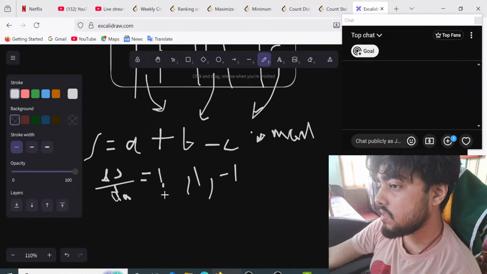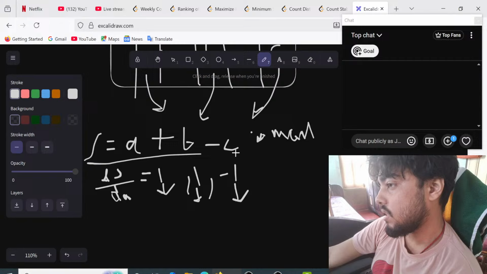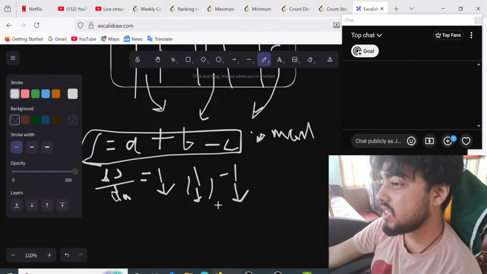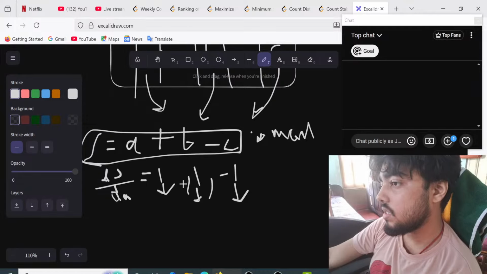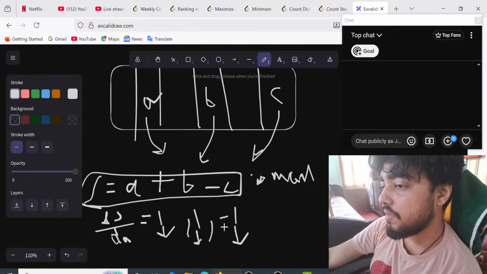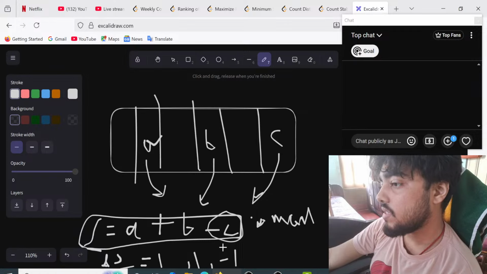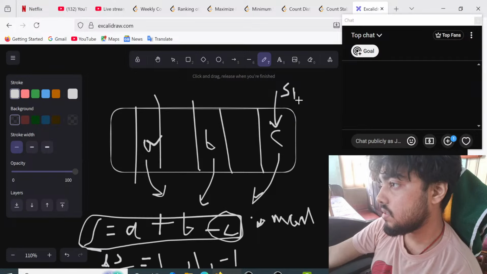So 1 means you have to maximize this, 1 means you have to maximize this, minus 1 means you have to minimize this. This could have been easily seen from the question also, but the differentiation makes it clear for me. Since it's 1, 1, minus 1, C has to be reduced, so we can take C as the smallest number possible.